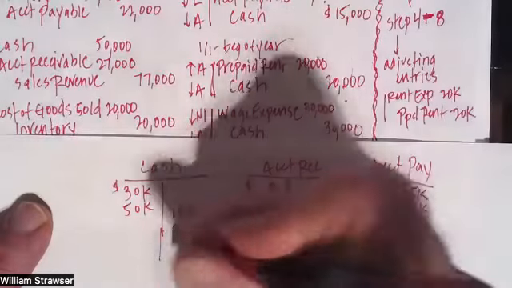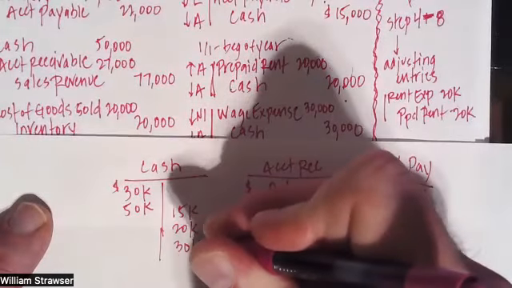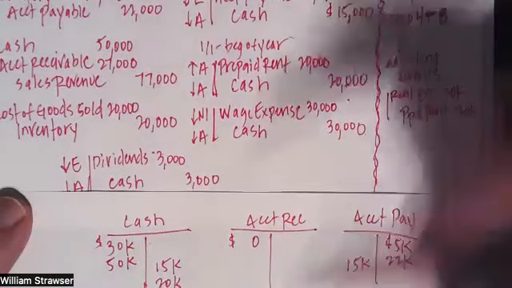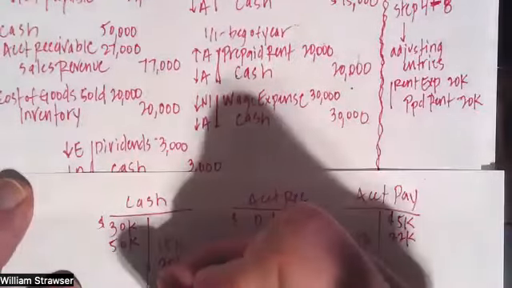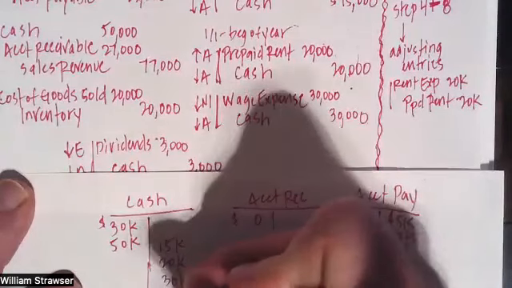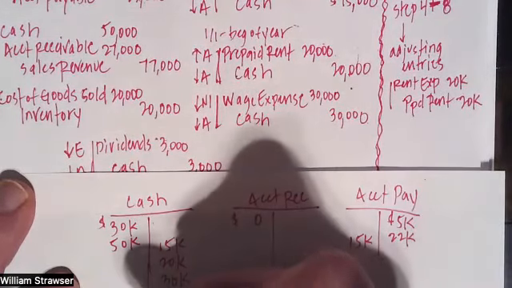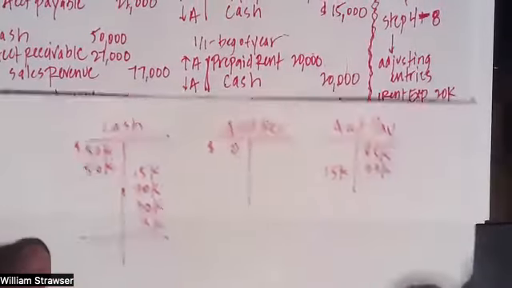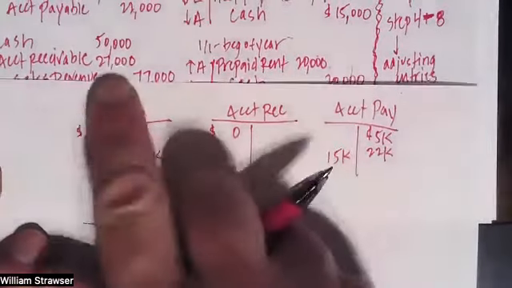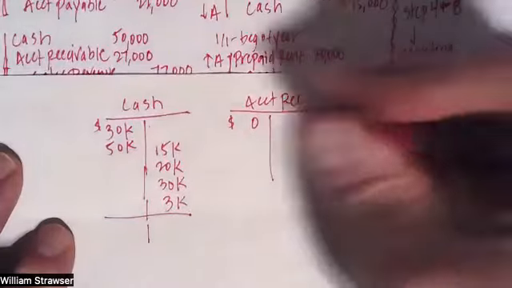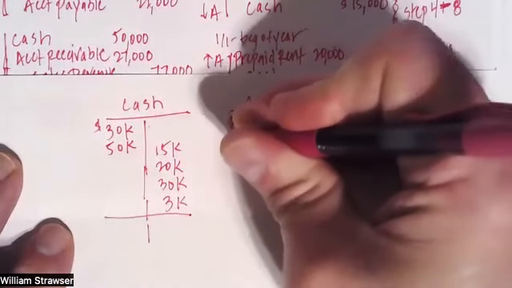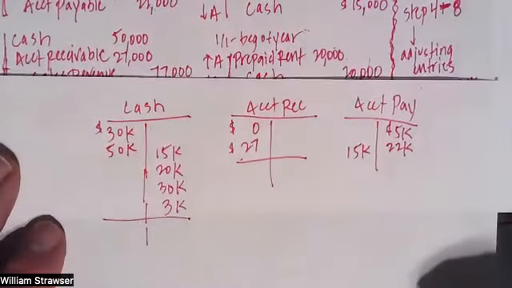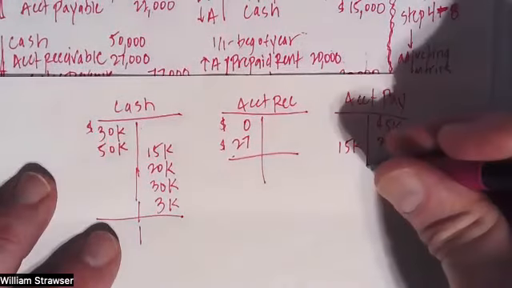Another $30,000 of cash here. Not tracking wage expense. And $3,000 of cash here. So cash, unsurprisingly, usually has the highest number of transactions to it. Oh, and I forgot to record that debit to accounts receivable, 27,000. I threw in the accounts receivable because it was one of the accounts that did not have a starting balance.